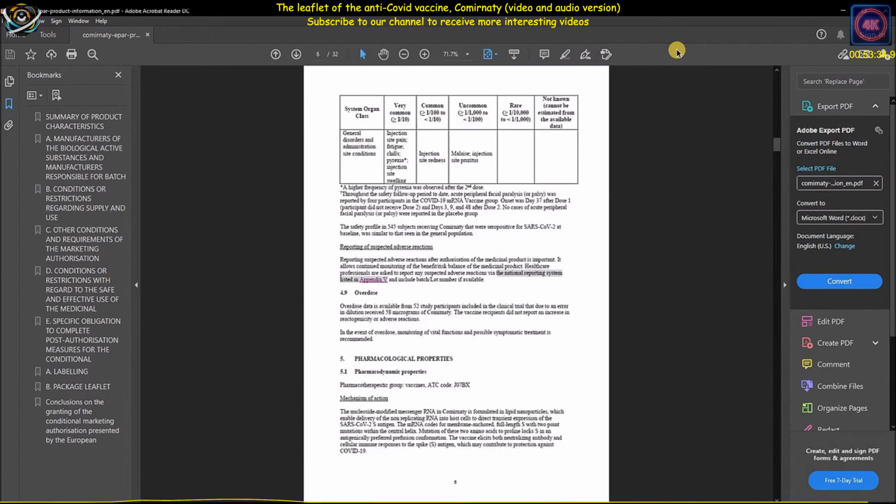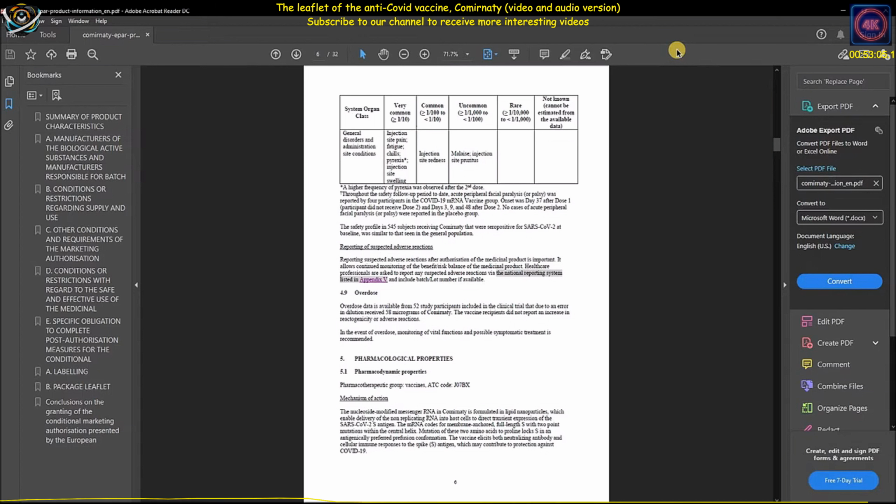System organ class. Very common, greater than or equal to 1/10. Common, greater than or equal to 1/100 and less than 1/10. Uncommon, greater than or equal to 1/1,000 and less than 1/100. Rare, greater than or equal to 1/10,000 and less than 1/1,000.